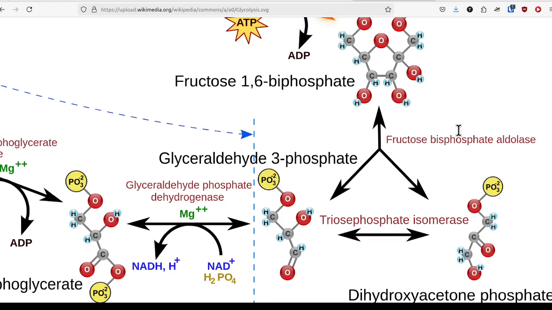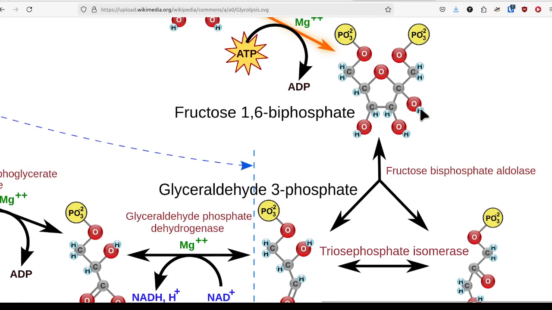Let's go back to the reaction. Fructose 1,6-bisphosphate. If you count all of the atoms, the formula is C6H10O6 plus 2 PO3 2 minuses.